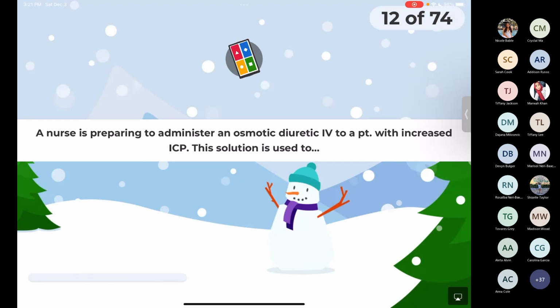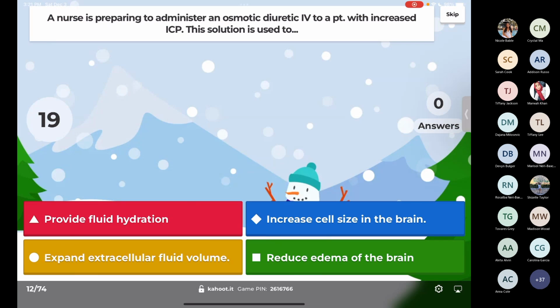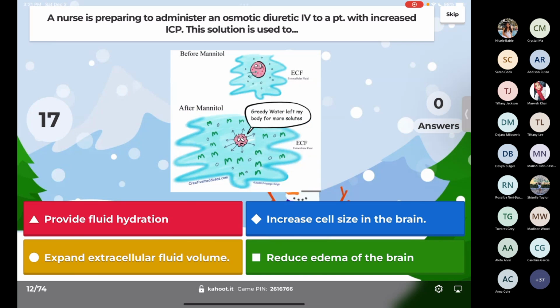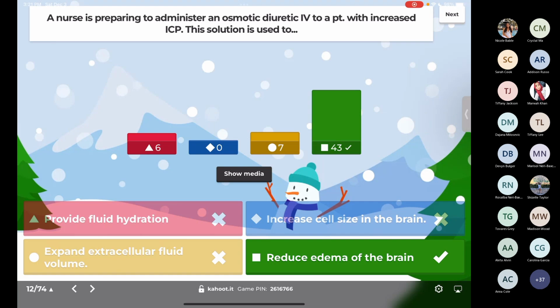A nurse is preparing to administer an osmotic diuretic IV to a patient with increased ICP. This solution is used to... Good job, guys.